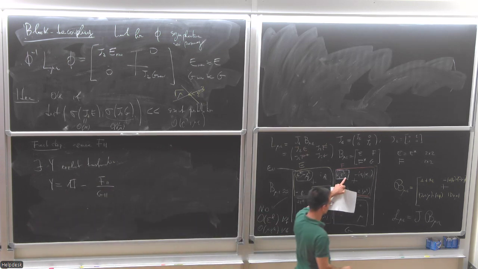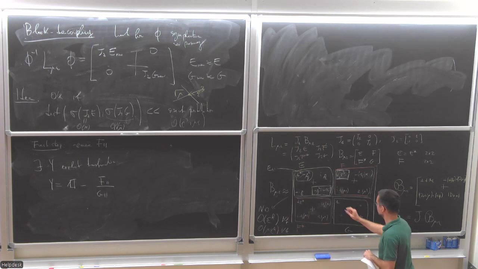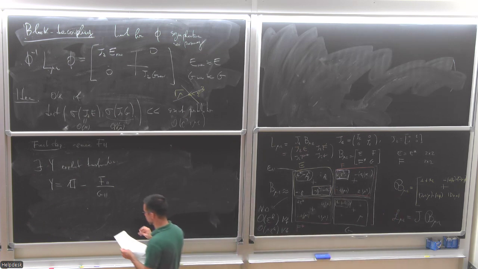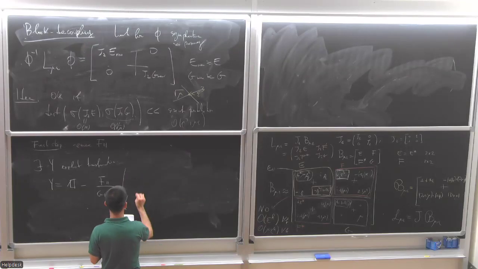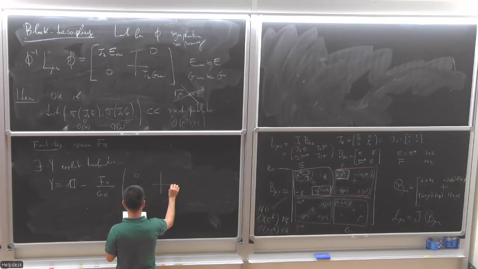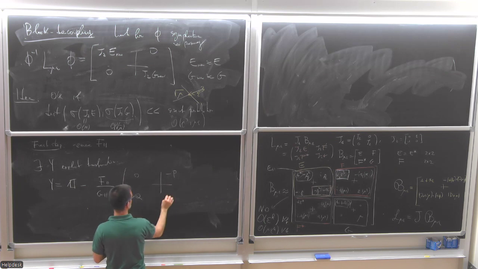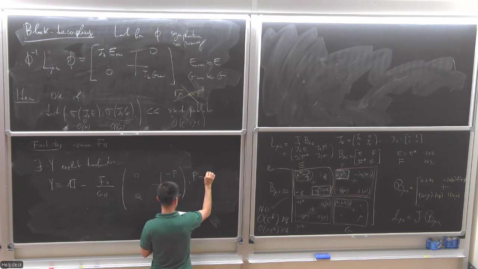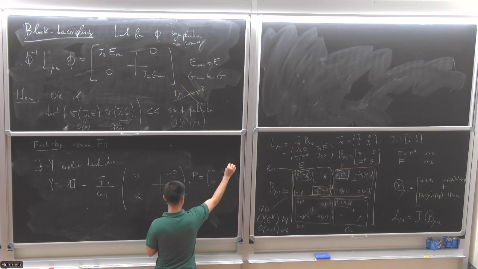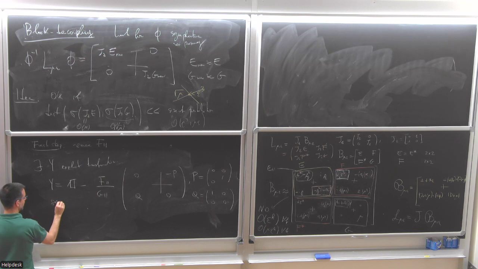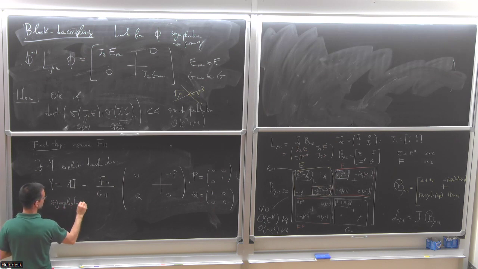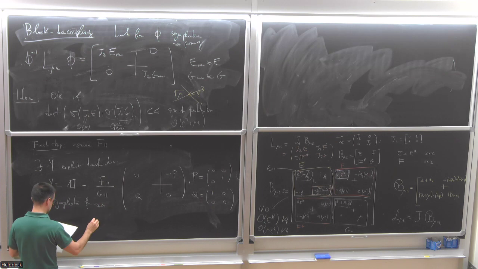F11 is this element, and G11 is this element, which is 1 plus some lower order correction, times the 2 by 2 matrix of the form 0 minus P, Q 0, where P is the matrix 0 0 0 1 and Q is 1 0 0 0. So the transformation is again symplectic and reversibility preserving.